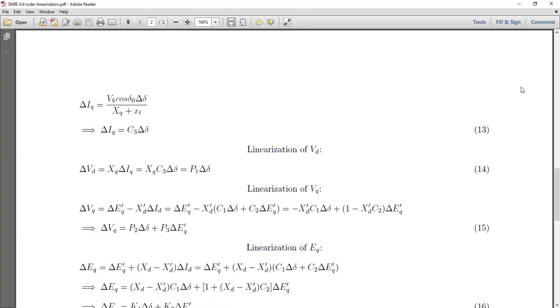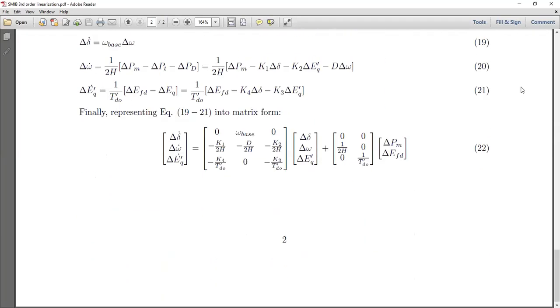And finally, we achieved this state space model. If we want to represent this using the matrix formula, then it would become x dot equals Ax plus Bu.